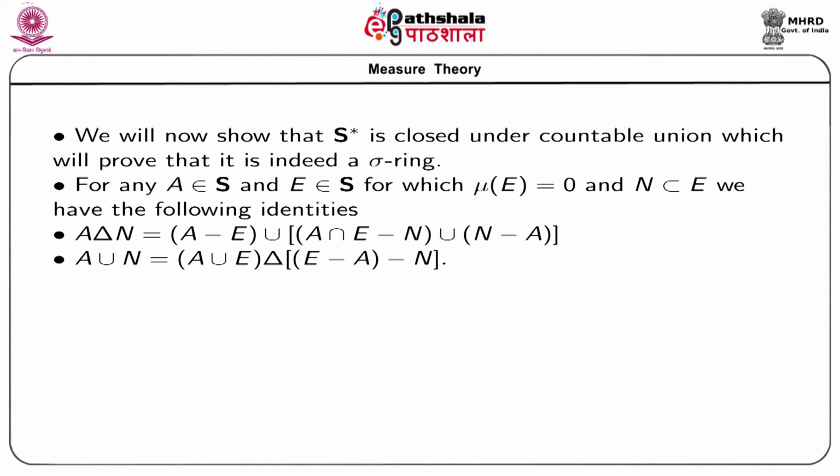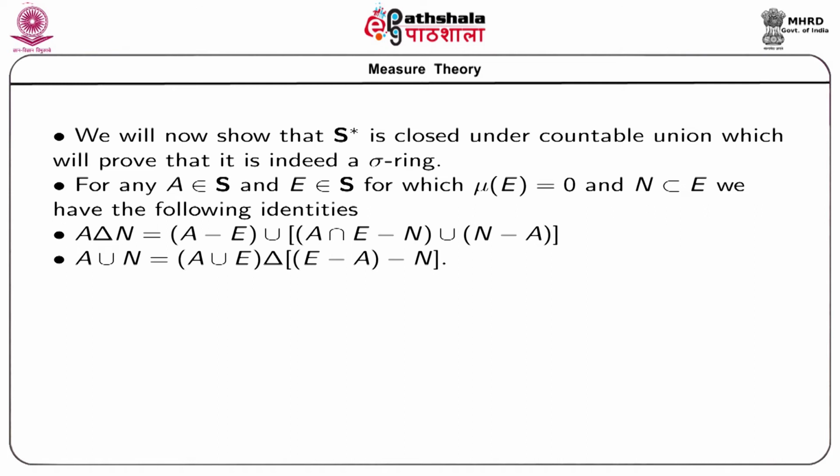So, for this, first we note that for any A belonging to S and E belonging to S, for which mu E is equal to 0 and N is a subset of E, we have the following identities.